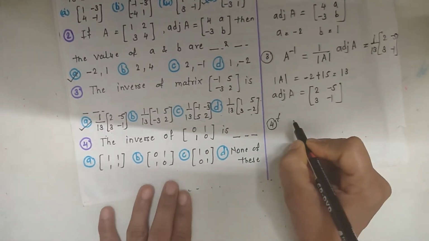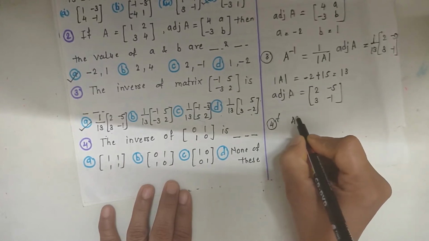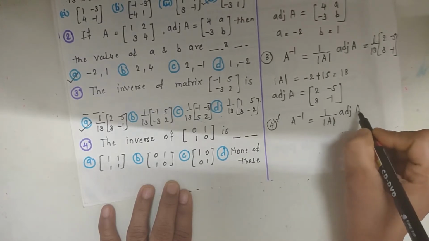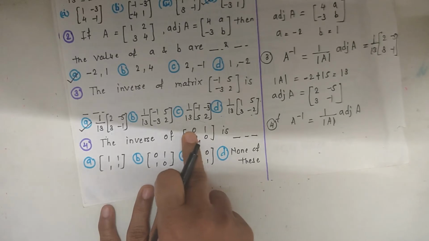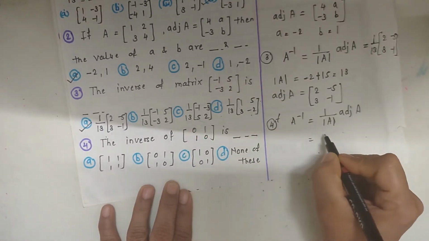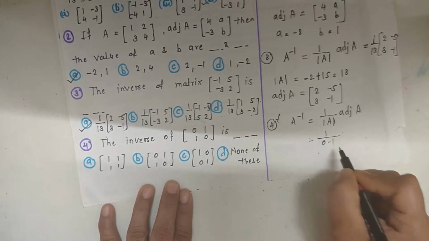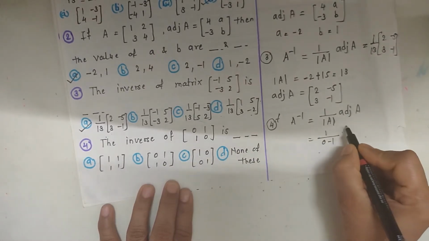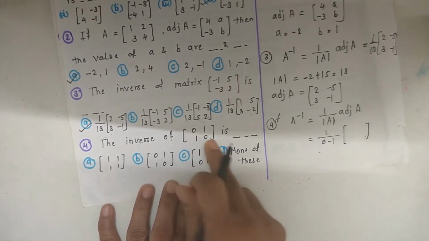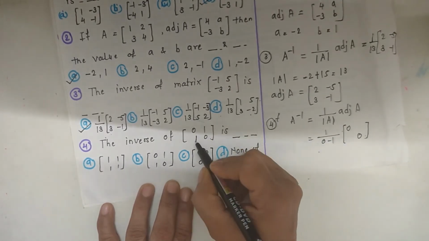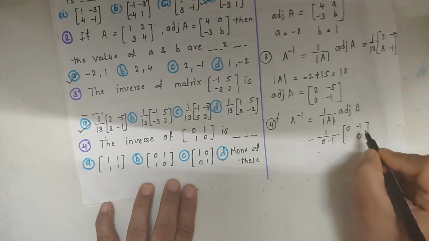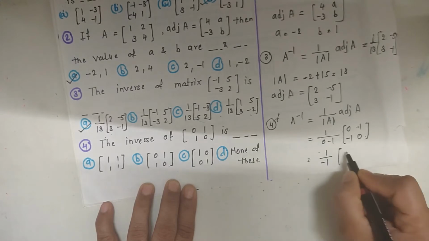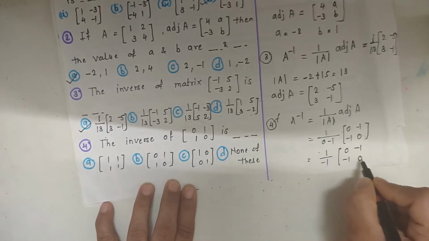So using the formula method, A inverse is equal to 1 upon determinant A into adjoint A. Now the value of determinant A is 0 minus 1, so -1 is the value of determinant A, and adjoint A can be obtained by exchanging the diagonal elements 0 0 and exchanging the sign of the non-diagonal elements -1 -1. Now here determinant of A is -1 and adjoint is 0 -1 -1 0.